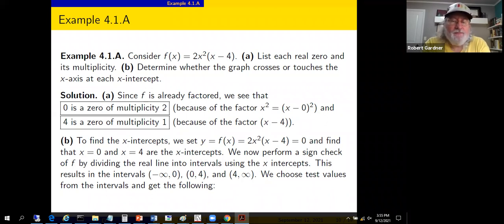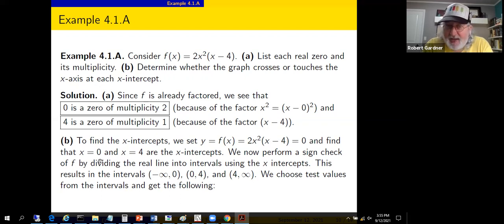They're x-intercepts. Now, what the previous note said is, let's take the whole real number line and break it into intervals using the x-intercepts. So we're going to start at negative infinity and go all the way to infinity, if that made any sense. And we're going to remove 0 and 4.